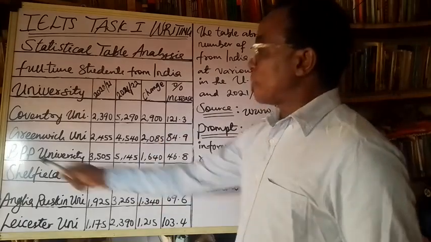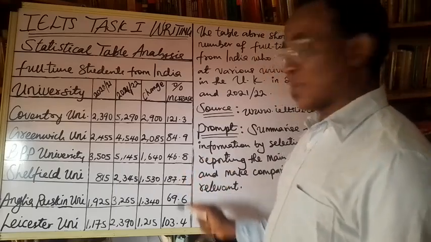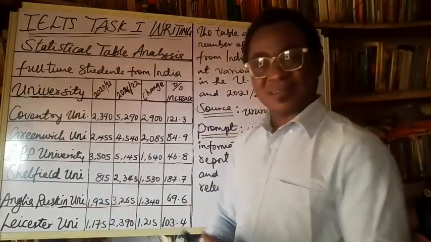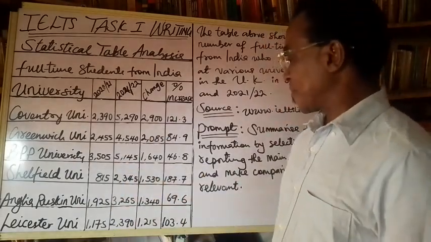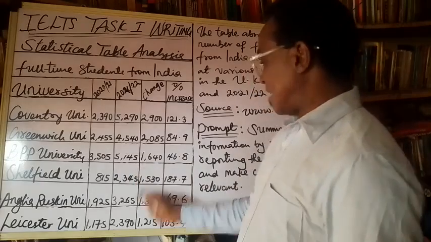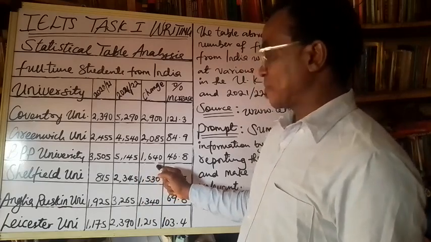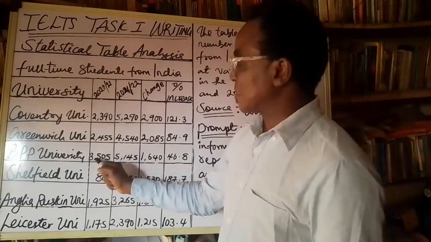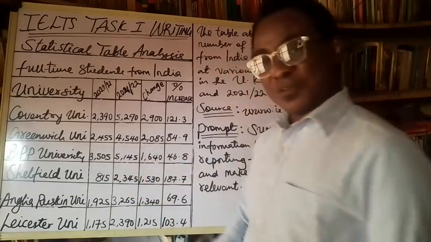However, the BPP University at 46.8% had the lowest enrollment of Indian students into it. It was a change of 1,640, bringing 3,505 to 5,145 students.